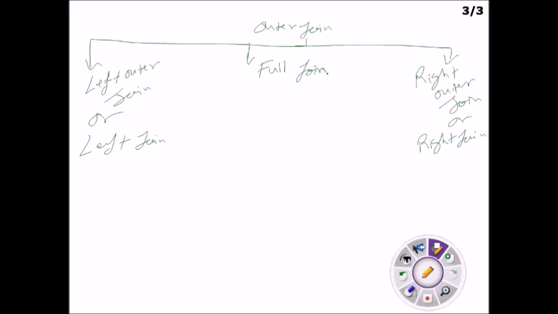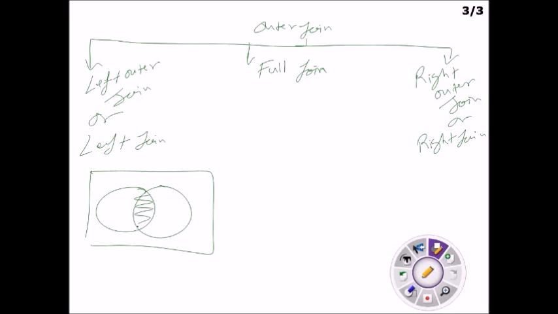Left outer join. Let me create the Venn diagram. Good. Inner join plus everything from the left table. So I don't want to lose, let's say I have employee data with me, people who are working on the floor, and I want to surprise them by sending a Diwali gift at their home address or something.